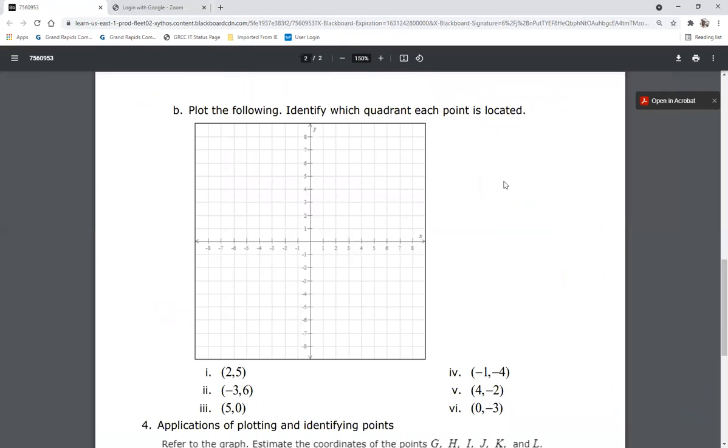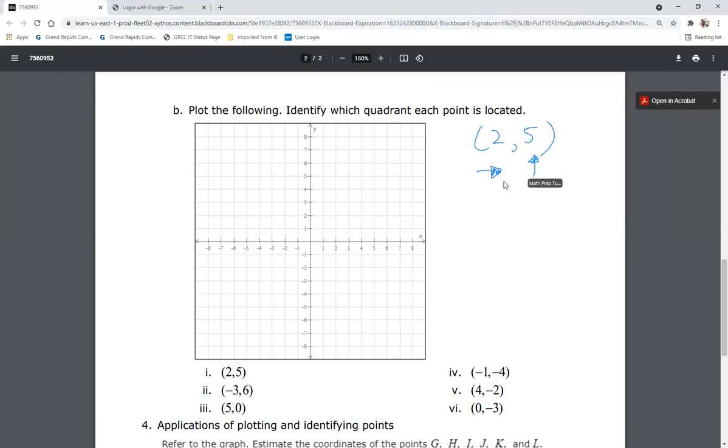So the next part, we're going to plot some points. We only plot a few, because once you understand it, it's pretty straightforward. So let's talk about (2, 5). 2 is positive, which means I need to go right 2. For the y value, 5 is positive, which means I have to go up.